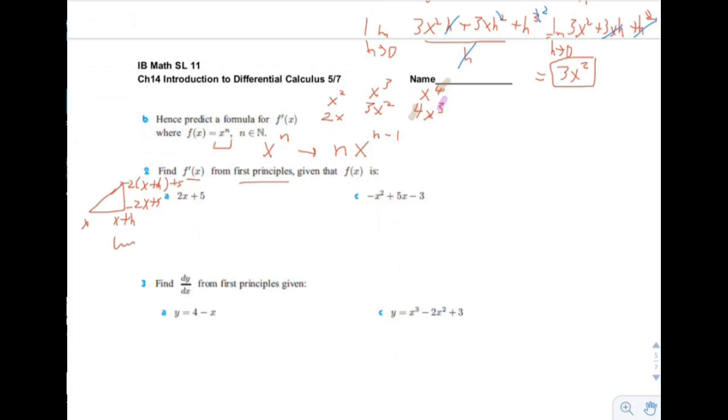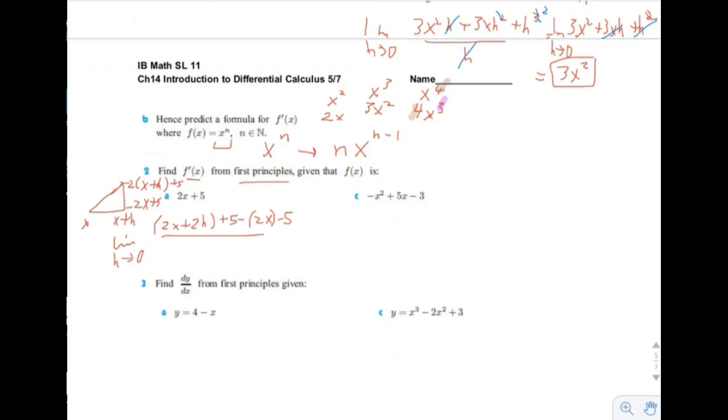The slope is going to be the limit as h approaches 0 of, and the numerator is going to be 2x, and I'm going to multiply out here and do the distributive property. Okay, minus 2x minus 5.